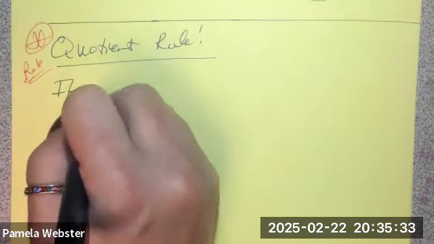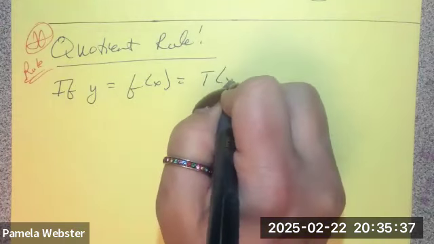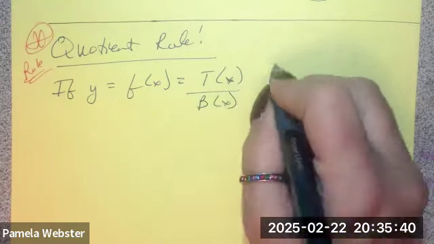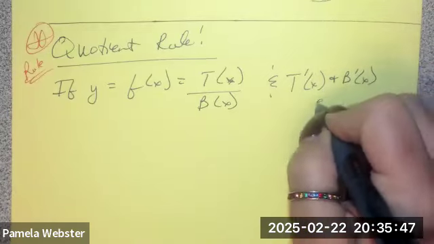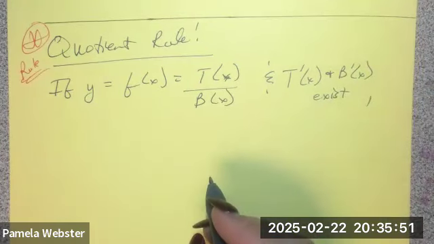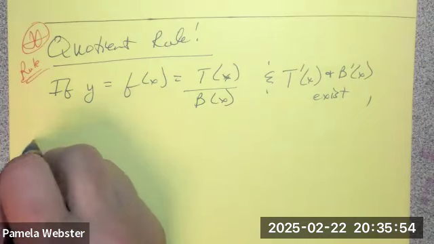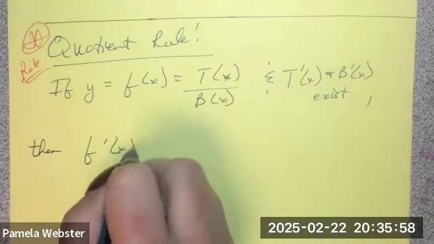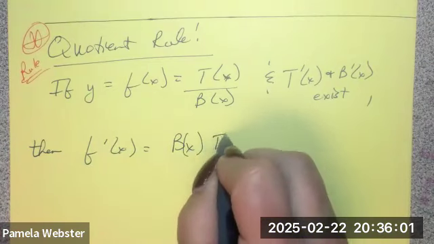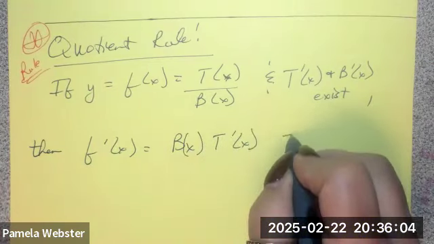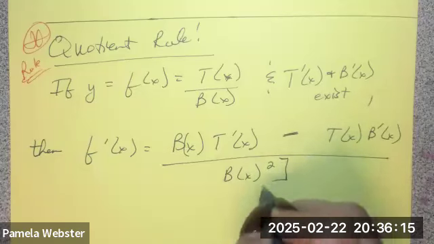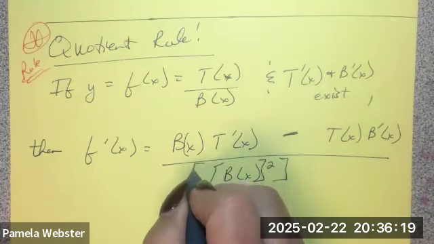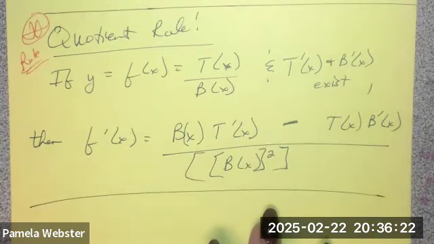It says if y equals f of x equals t of x divided by b of x, and t prime of x and b prime of x exist, they have to always exist, then f prime of x equals the bottom guy times the derivative of the top minus the top guy times the derivative of the bottom, all over the bottom guy squared. There is your rule.